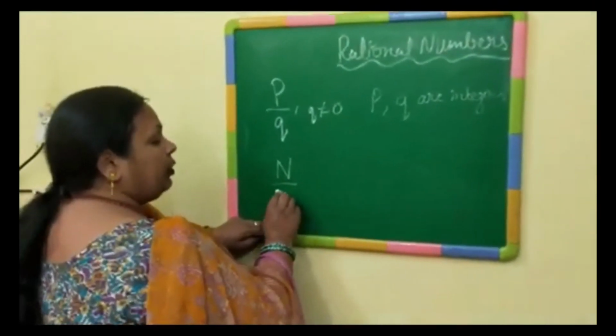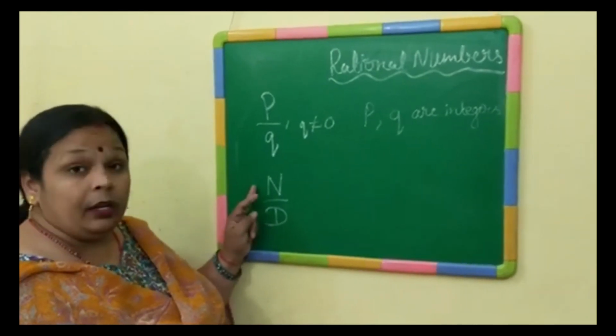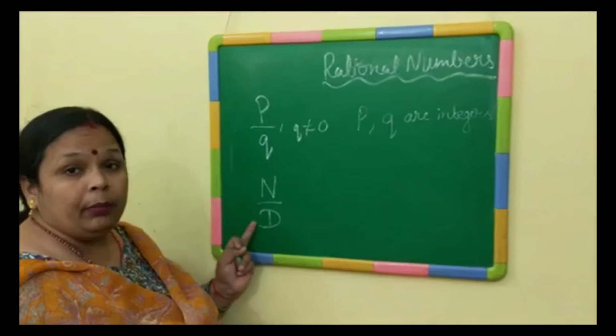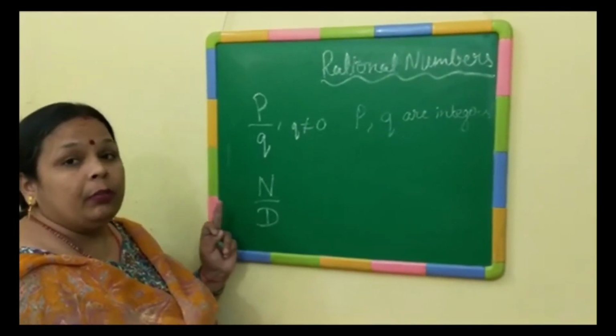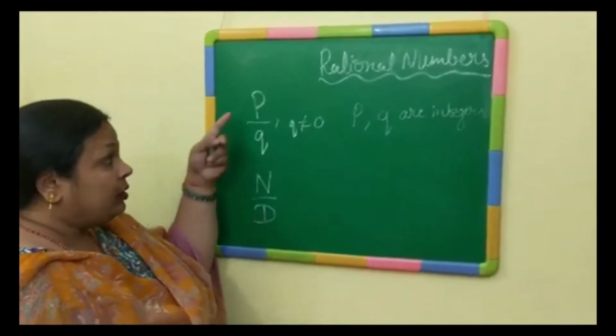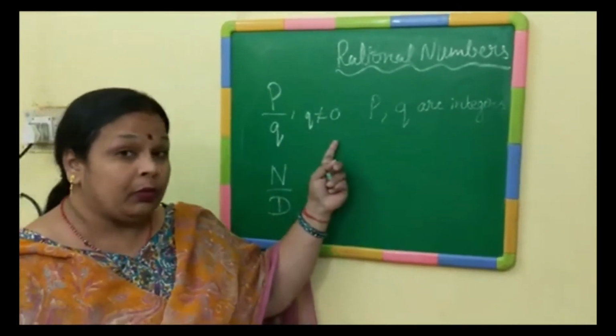If we recall the definition of a fraction, it is any number which can be written in the form of numerator and denominator, where n denotes the part we are talking about and d is the total number of divisions into which a given picture or thing has been divided. Now, what is the difference between p by q and n by d? Here q cannot be equal to 0.